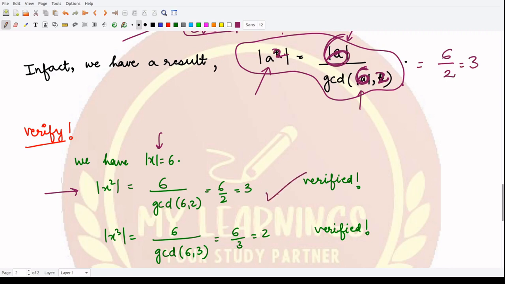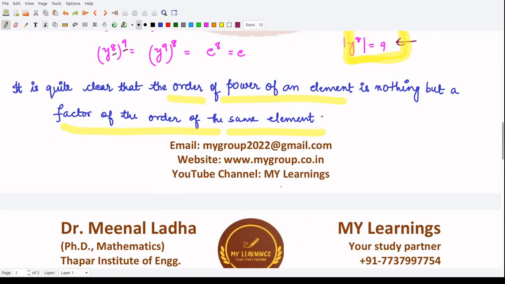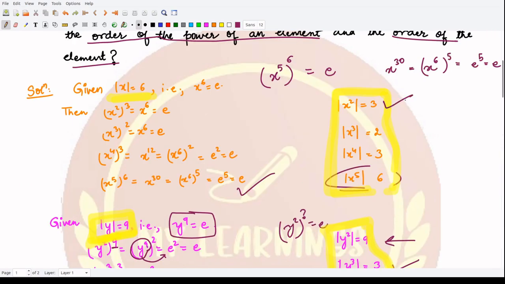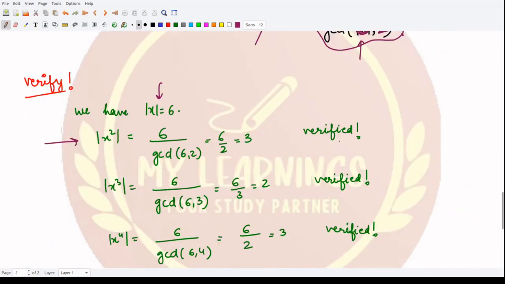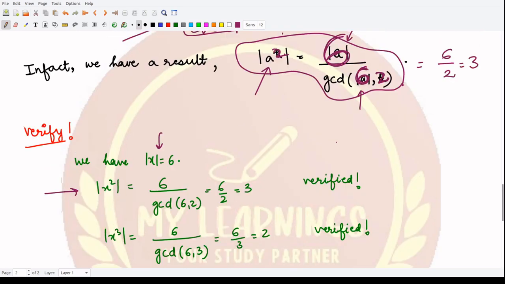So we obtained the answer as 3 in the previous case also, right? So this is verified. Similarly for the second power, now we take k as equal to 3. If you take k as 3, that means you want to calculate 6 divided by the GCD of 6 with 3. The GCD of 6 with 3 is what? 3. So you have the answer as 2.